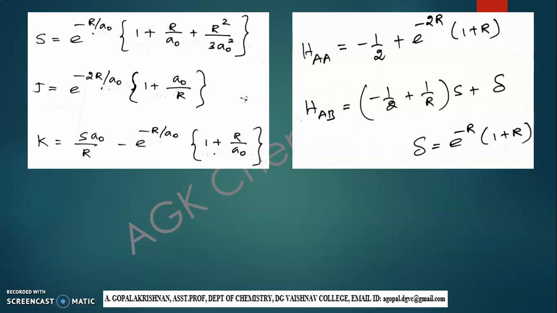Then as R decreases, the HAB value starts to decrease. So what I would like to say here is both HAA and HAB become negative as R decreases.